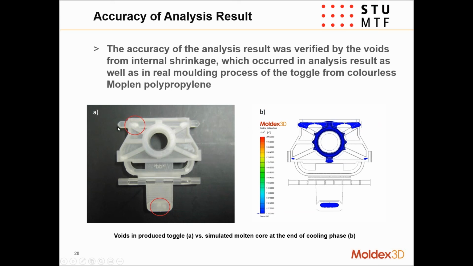So a couple of the problems that they had with this part: first of all, they were seeing a lot of sink. And actually, this isn't really sink. This is more of a void type condition. The material is internally shrinking, and that's causing a very large internal void in our part, which is what you see here. That's because of the high temperature in this region.